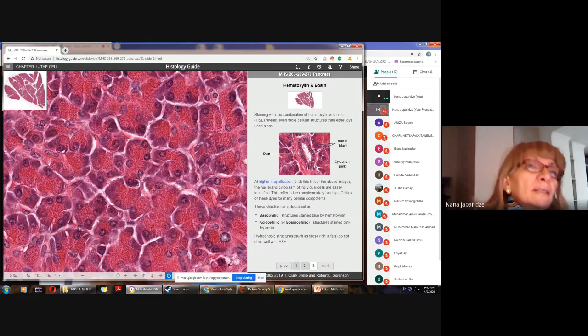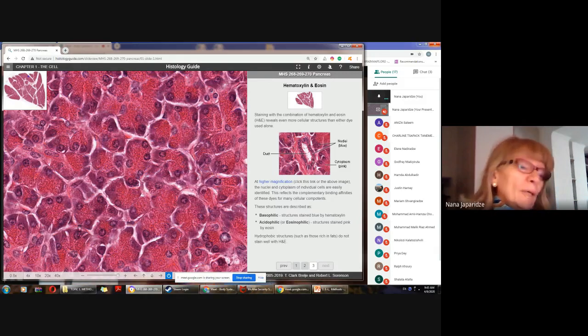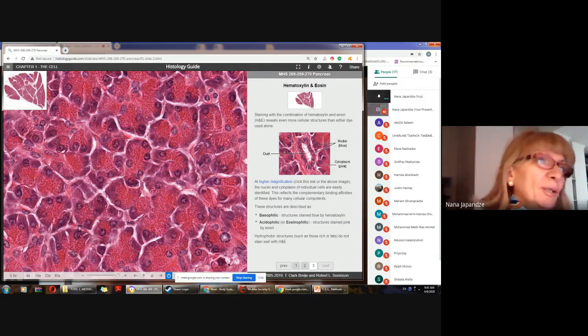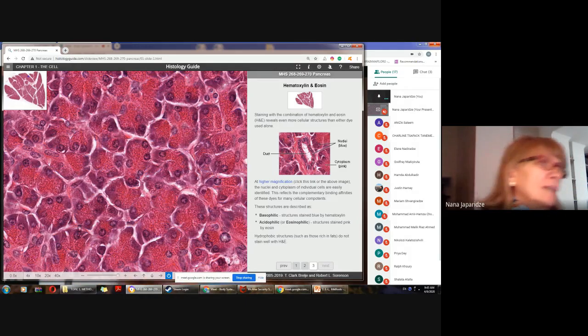You can clearly see borders of the cells, which is also very well visible in acidophilic staining. We can see also the rough endoplasmic reticulum, location of rough endoplasmic reticulum, not, of course, fine details of these cellular organelles.